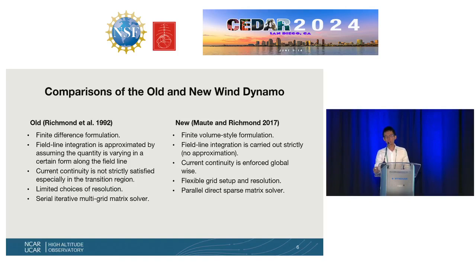Also, in the old dynamo, we have limited choice of resolution, but since the new dynamo has a flexible grid setup, we have a lot of choice of different resolution combinations.